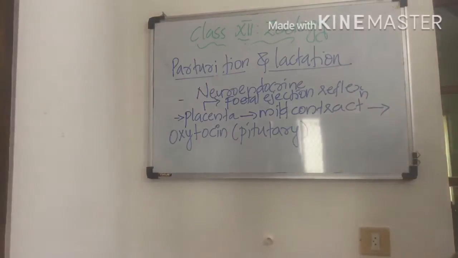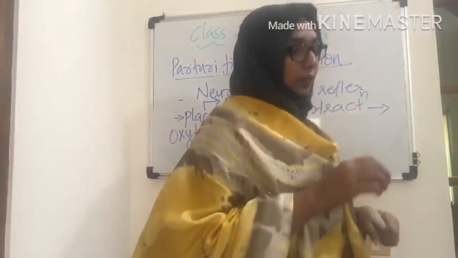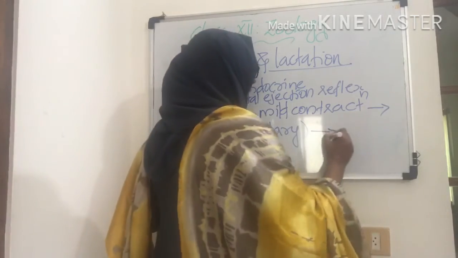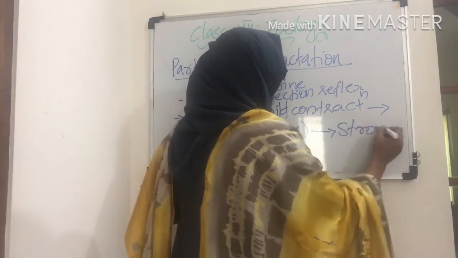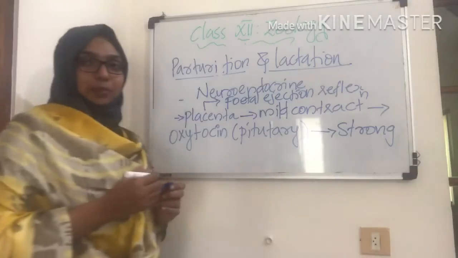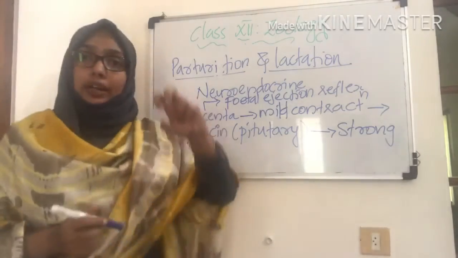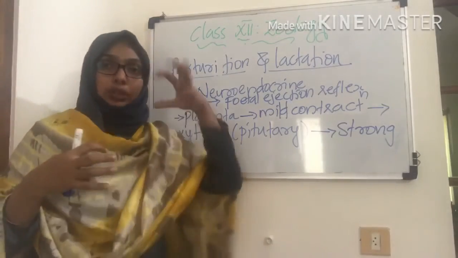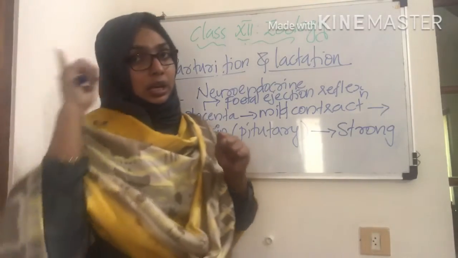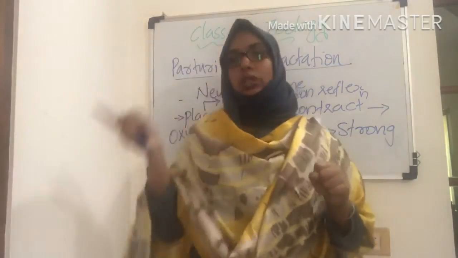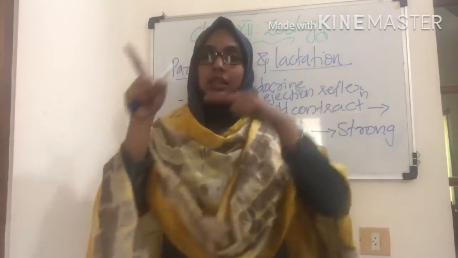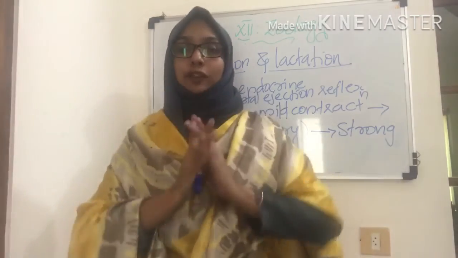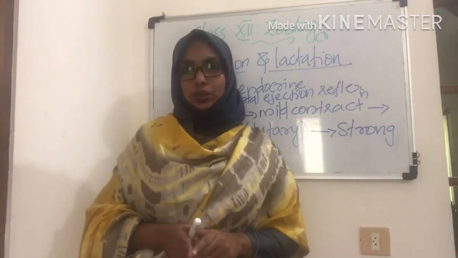The release of oxytocin from the pituitary gland again causes strong contraction of the uterine muscles. Again, that contraction causes the release of oxytocin. So this is a cycle. This will continue and that will result in the expulsion of the baby from the uterus.